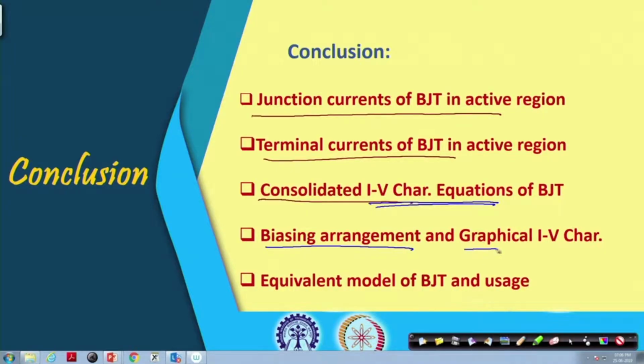We also saw a graphical interpretation of the IV characteristic, and most importantly, later on we evolved the equivalent circuit or equivalent model of the BJT, both NPN and PNP, and we considered a relatively simple example to illustrate how that equivalent circuit can be utilized to solve numerical problems of circuits containing NPN or PNP. I think this information is sufficient to move to the next level, namely amplifier design.